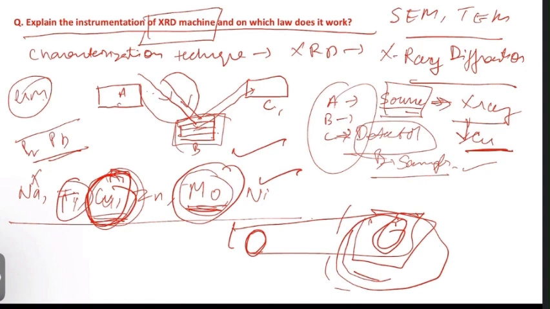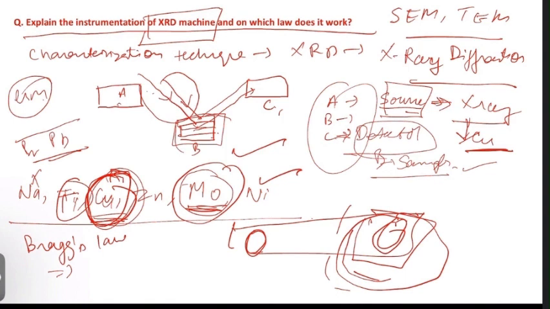So on what law does it work? What is the name of the law? Bragg's law. Right. And what is that equation?